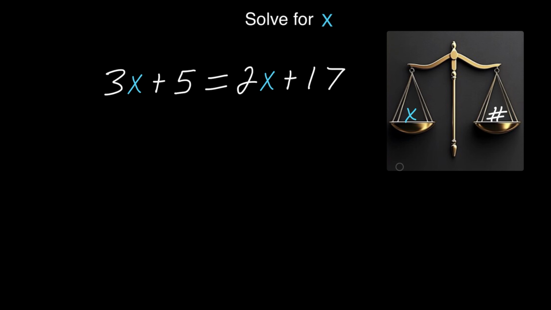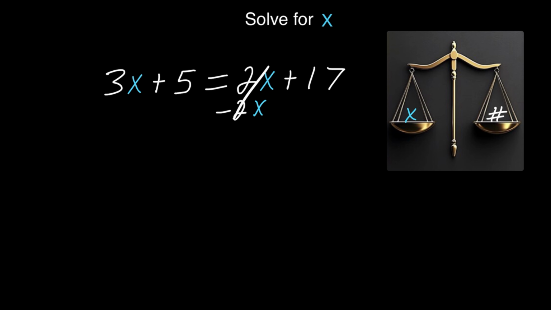The first thing we see is that we have to get all our x terms to the left-hand side. And we see a 2x right over here on the right-hand side. So we would try to move that to the left-hand side. How do we do that? Well, first we have to get this out of here, and the way to get it out of here is to subtract 2x. What's 2x minus 2x? That equals 0.